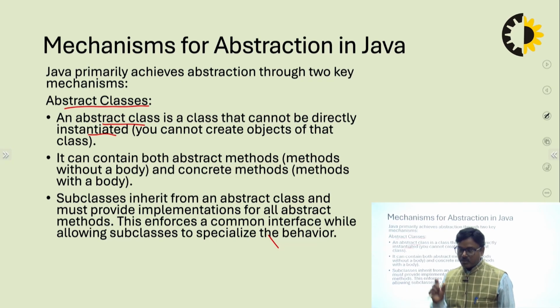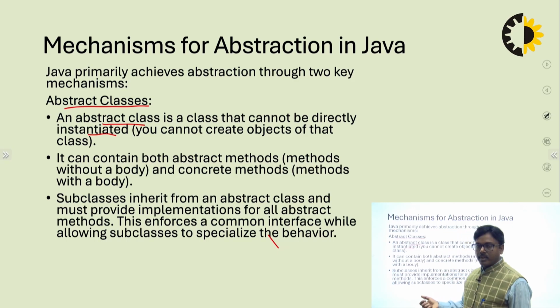When we are talking about the abstract method, it will have only a few parts: the method will be declared with the abstract keyword and the parameters will be defined over there. There will be no definition, meaning what functionality this particular method will do will not be written here as a body definition. That's why that particular method is called an abstract method.